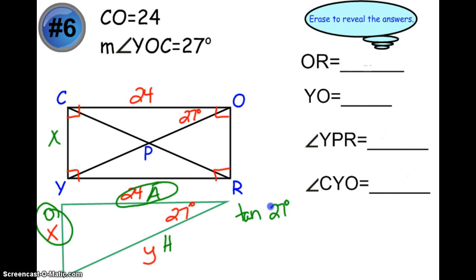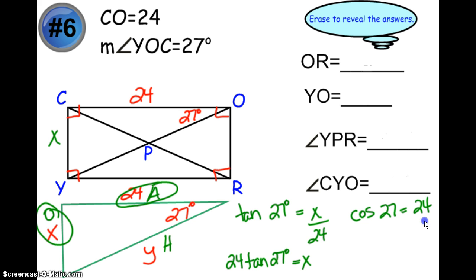The tangent of 27 degrees is equal to O over A. The variable is high, so I need to multiply. And before I even put this in my calculator, I'm going to go ahead and set up the cosine of 27 degrees is the adjacent over the hypotenuse. The variable is down, so I need to divide.